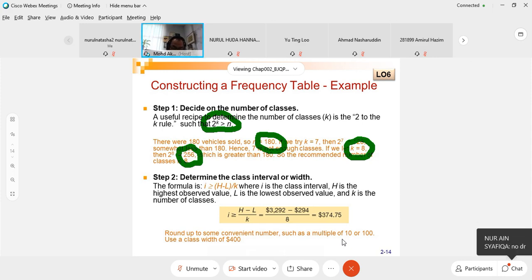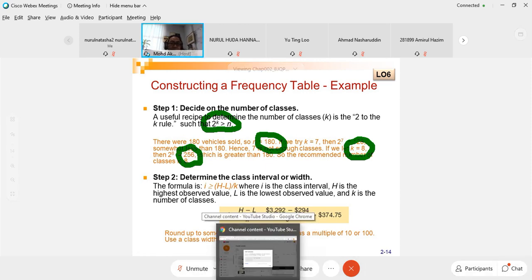Okay, the next step is to find the class interval. The formula for the class interval is: I is more than or equal to H minus L divided by K. I means the class interval here. H means the highest value of our data.